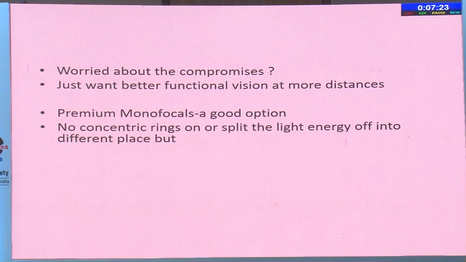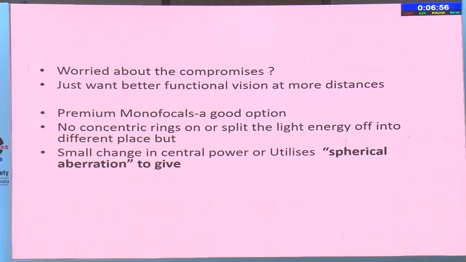So if you are really worried about compromises like night vision problems or low contrast, or if you want just some better functional vision at more distances, then premium monofocals, which is a new concept, can be a very good option. These are basically monofocals without any concentric rings, so they don't split the light energy into different places.